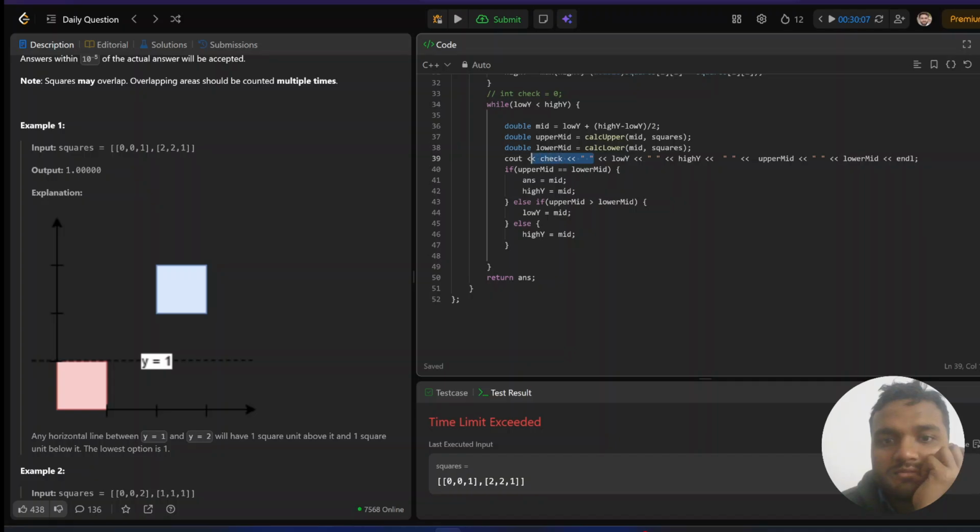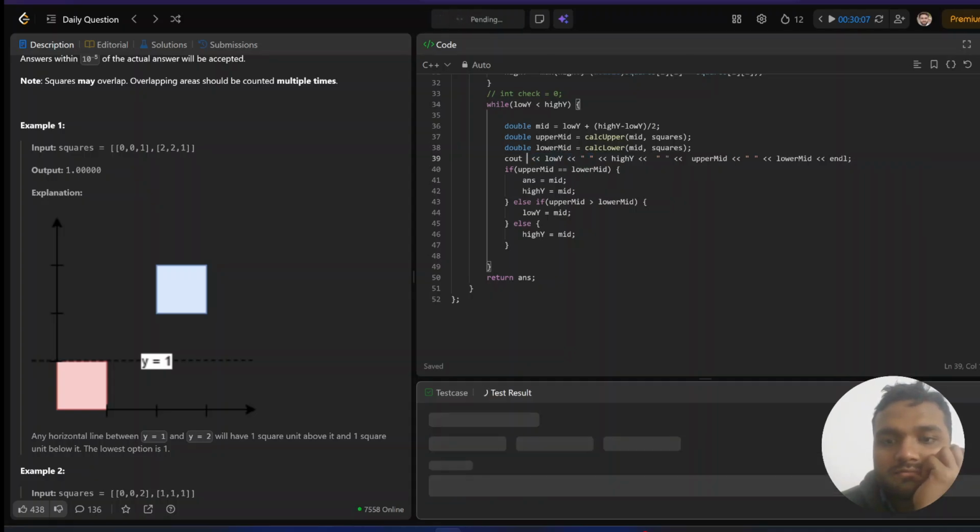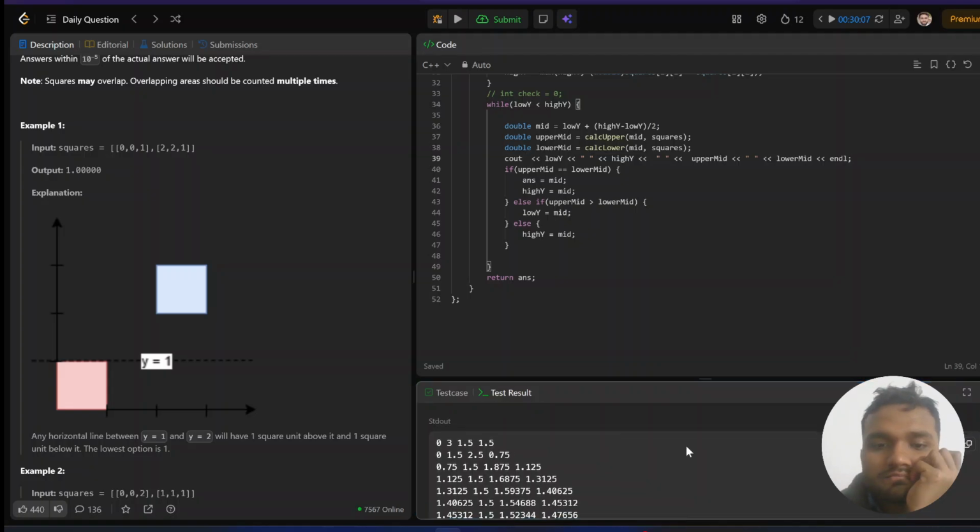Can we just see it out? Low is 0, high is 3. Mid returns 1.5, areas are equal. So in the next step, I think it can come to 0 to 1.5.